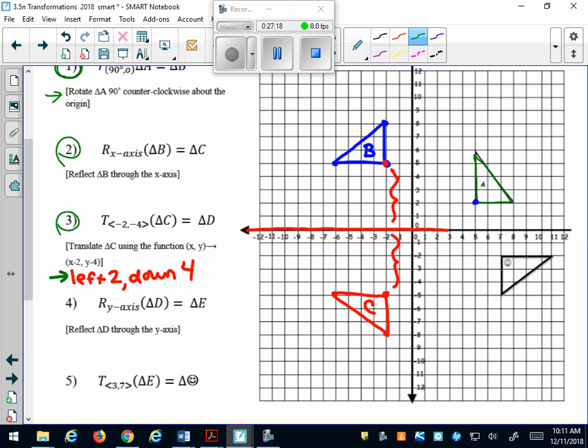So every point goes to the left 2 and down 4. That is your new triangle, triangle D.